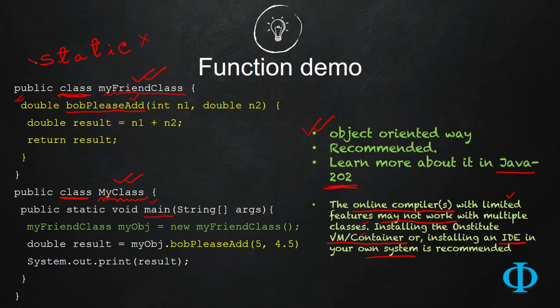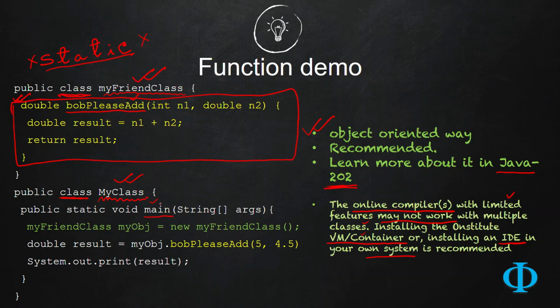When you work with object-oriented programming, I recommend not using any static keyword in your function. That's why in this example there is no static keyword here. That is the only difference. Other than that, the function implementation is exactly the same as before.